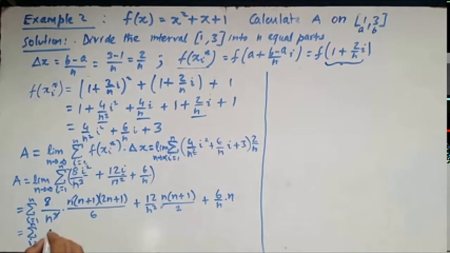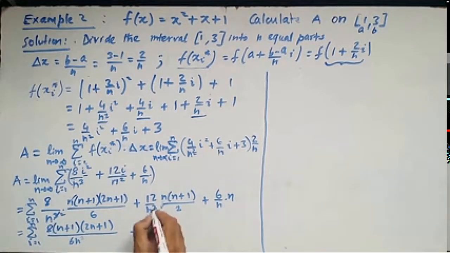So this will become 8 into n plus 1 into 2n plus 1 by 6 n squared, plus this n and this cancels off, this and this cancels off. So it is 6 into n plus 1 by n plus 6.